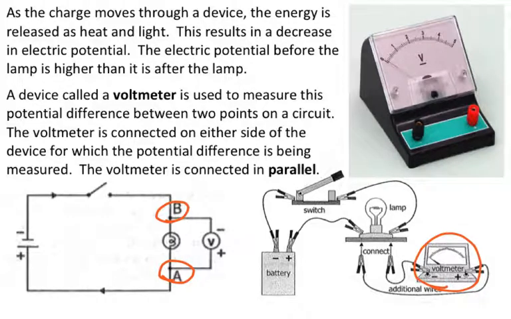We could never connect the voltmeter in, let's say, point B and this point here. We actually need to measure the voltage difference between before the device and after the device. So a voltmeter will always be connected that way. That's called connecting it in parallel. And a voltmeter is represented by a circle with a V.